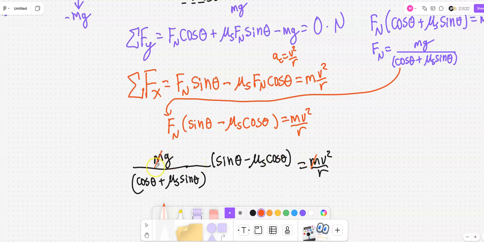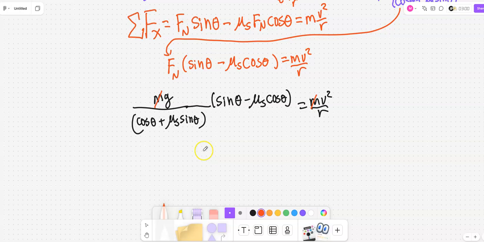We can cancel that out. And that will leave us with g times sine theta minus mu s cosine theta, over cosine theta plus mu s sine theta.